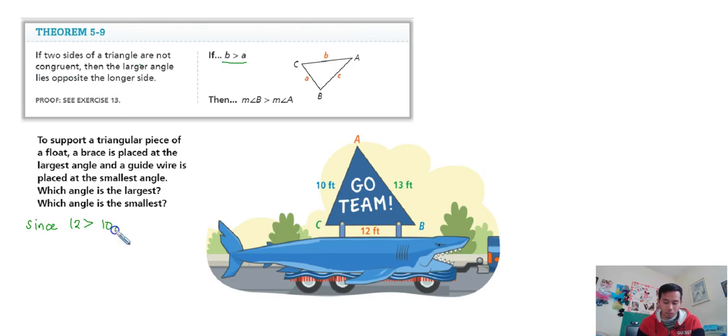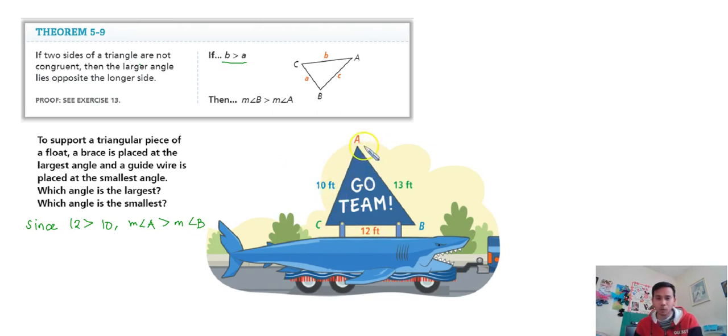We can now say that the measure of angle A is greater than the measure of angle B, because side CB, which is opposite angle A, is 12, and 12 is greater than 10.